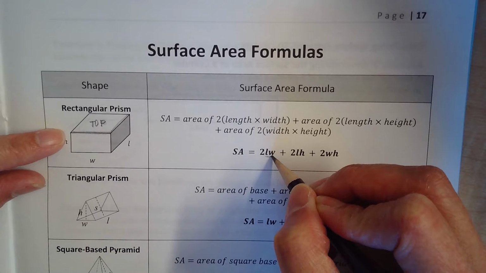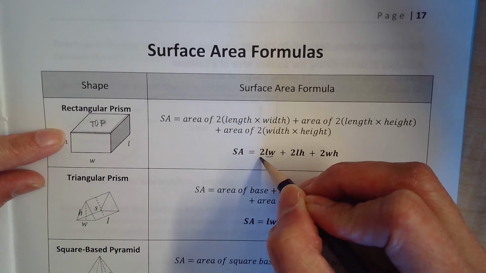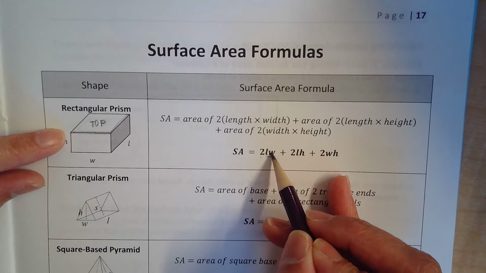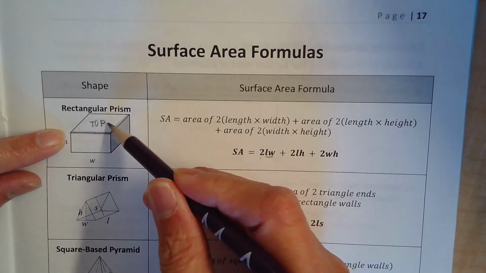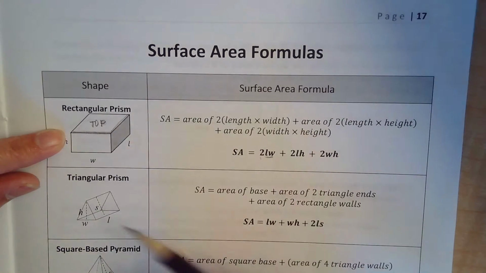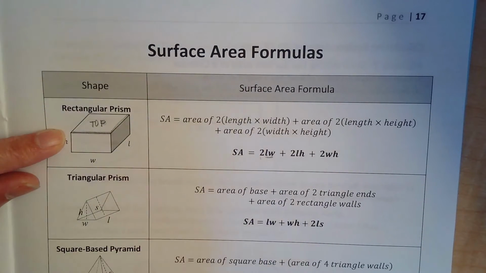But you probably notice there's a 2 in front of it. That means 2 times length and width, because the area of the top is the exact same area as the bottom. So you just calculate the top and then double it. That's for both top and bottom.